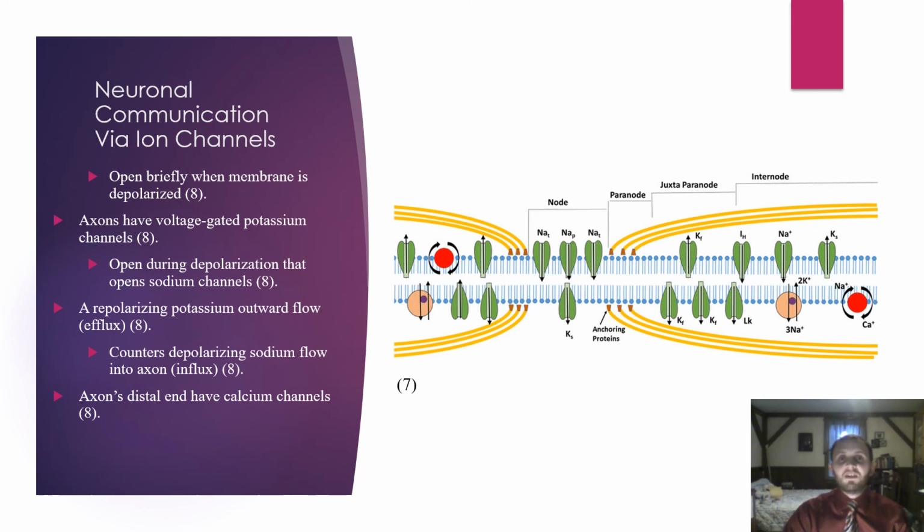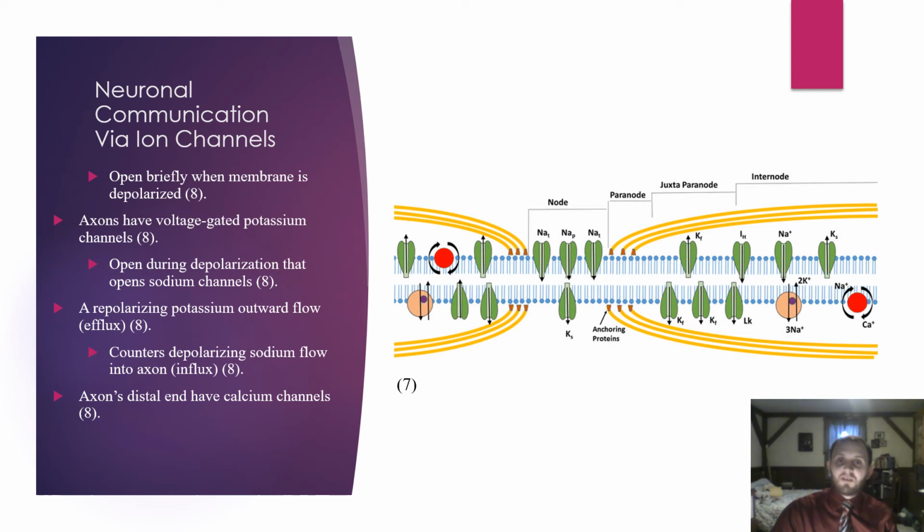But of course, these sodium channels do open briefly when the membrane becomes depolarized locally in response to acetylcholine or some other neurotransmitter. Also distributed along the axon are the voltage-gated potassium channels, and you can see those here. In fact, they are underneath the myelin sheath like we looked at earlier.